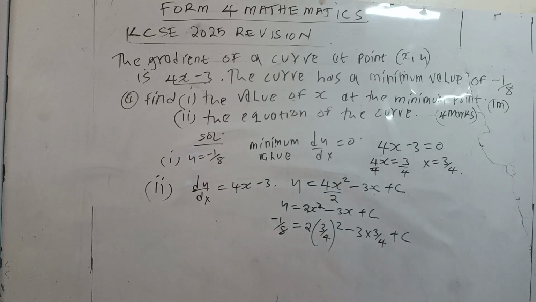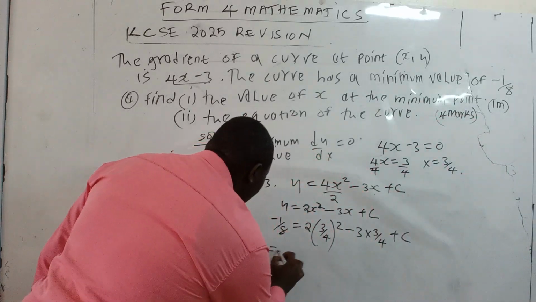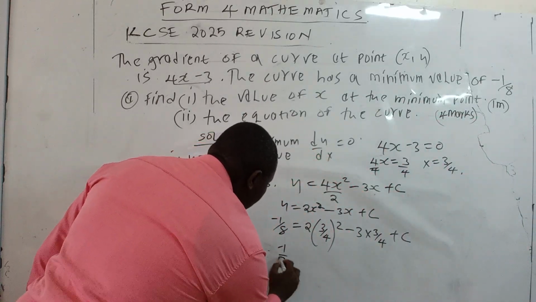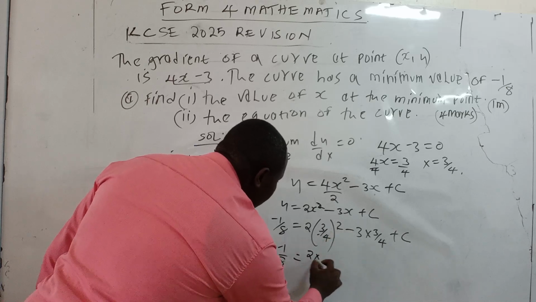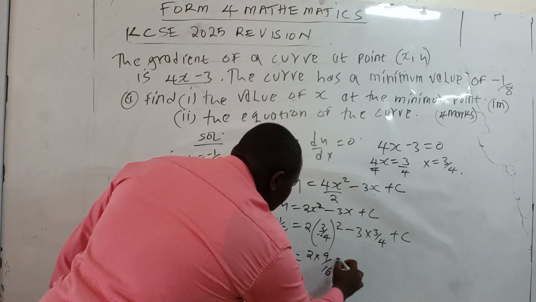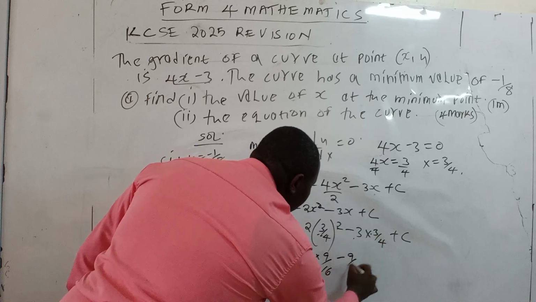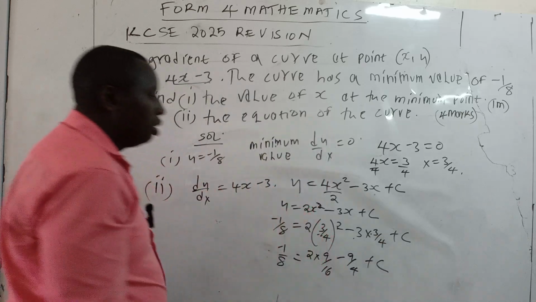So c is an arbitrary constant. This becomes negative 1 over 8 is equal to 2 times 3 squared, which is 9 over 16, minus 9 over 4, plus c.